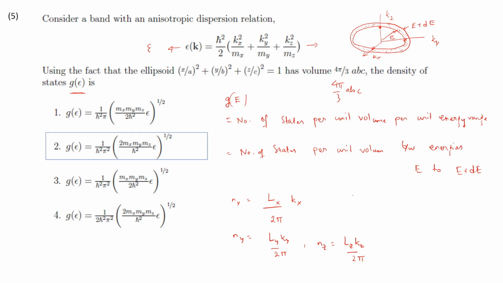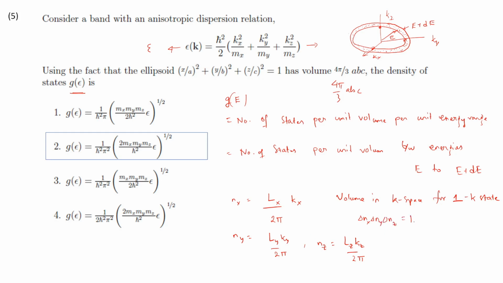What we want to find is the k space volume for one k state. So we want delta nx, delta ny, delta nz to be 1.